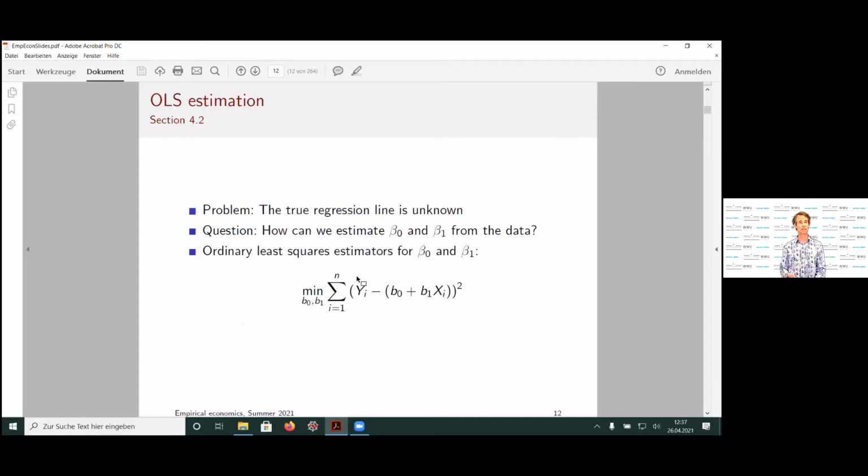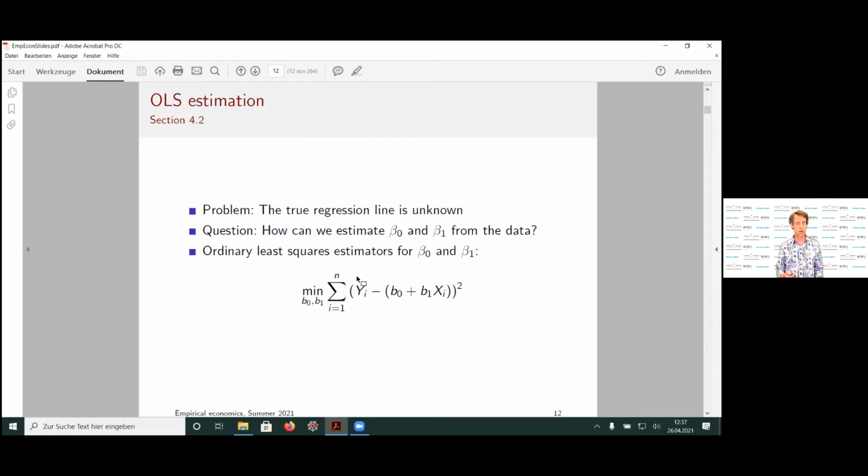All right, so everything would be quite easy if we knew the true regression line, but we don't. Of course, nobody is telling us what the true regression line is. But we are interested in the true regression line. We want to know its slope, in particular its slope. So is beta 1 positive or negative? And if it's negative, how negative is it?